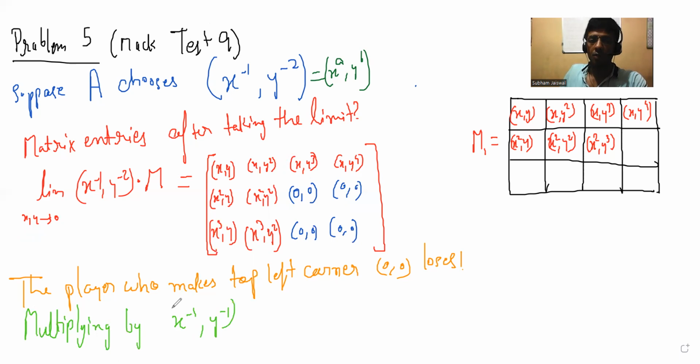What does this do? We will not make it 1, 1; we will leave it as it is. But what entries does it make 0? That's the key.